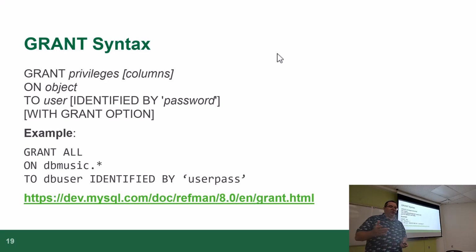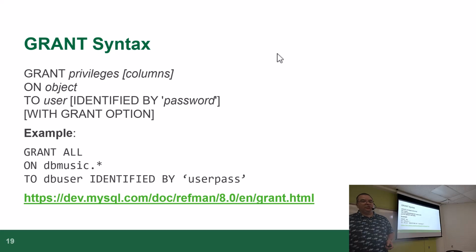So the example is grant all on dbmusic.star. So it's saying grant all privileges. So create, update, alter, drop, insert, delete on all the tables in a database called dbmusic. So dbmusic.star means all objects in dbmusic to the user, and then we're going identified by.